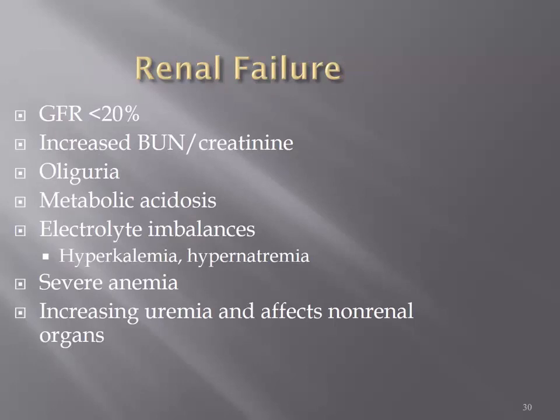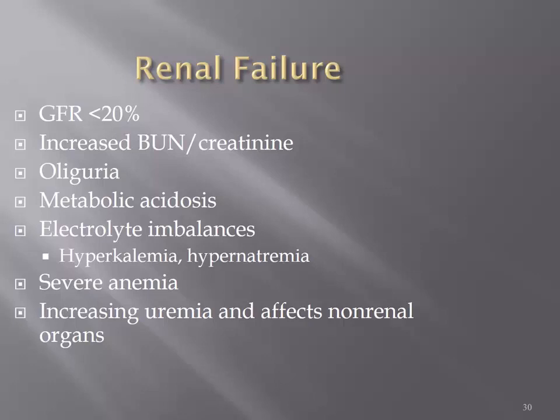When we're talking about renal failure, GFR is less than 20, BUN and creatinine continue to increase, oliguria, urine output is just very small, metabolic acidosis can set in with electrolyte imbalances, with hyperkalemia and hypernatremia, anemia becoming severe.